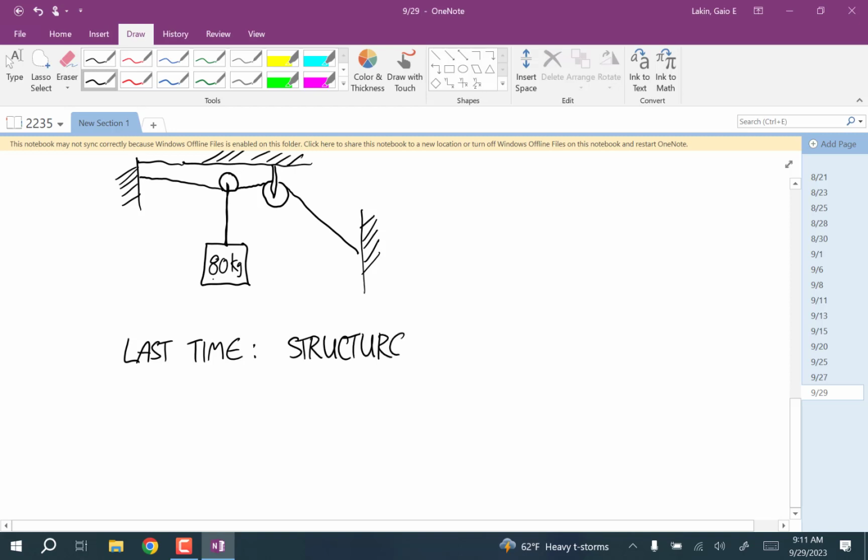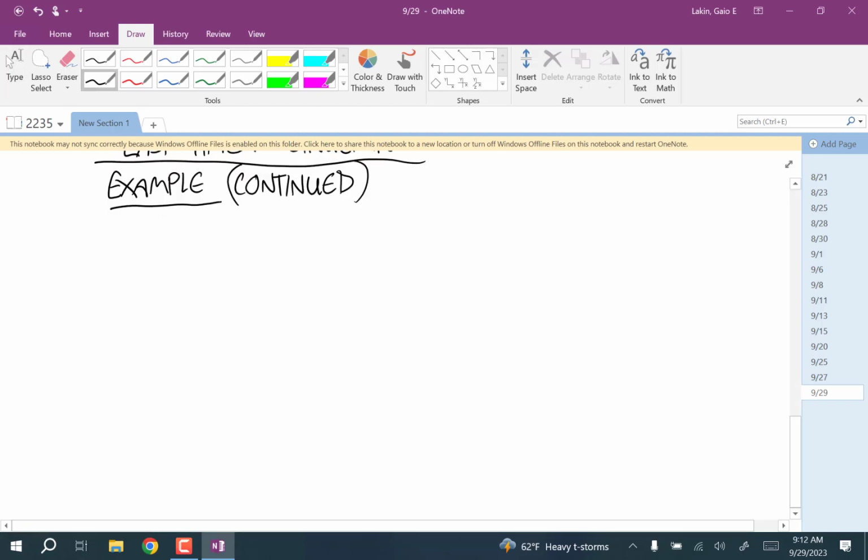And we're in the middle of a problem where we have this equilateral triangle. And all of the joints are pin joints, so that's a pin joint up there. And all of the lengths are 1 meter.